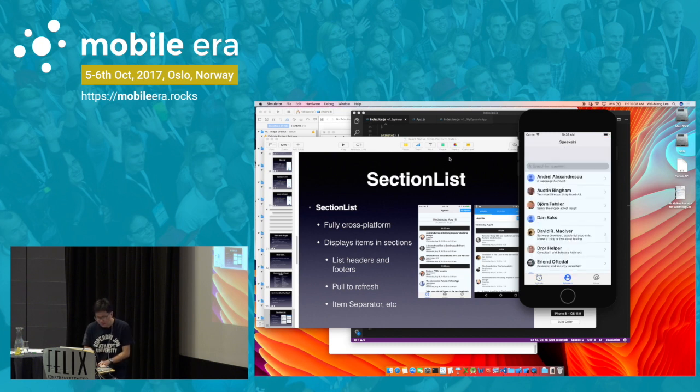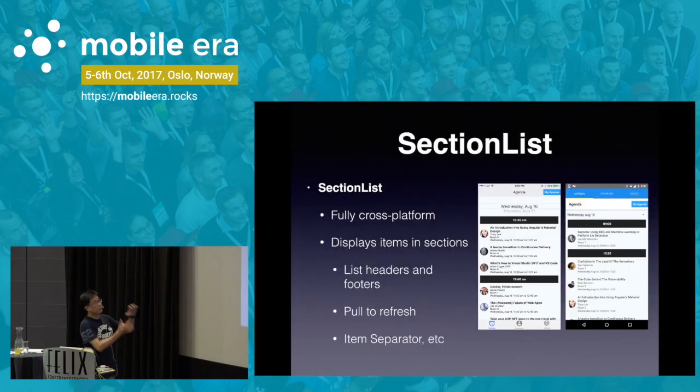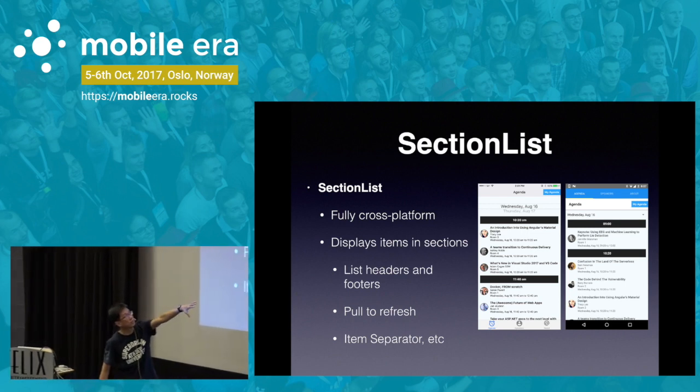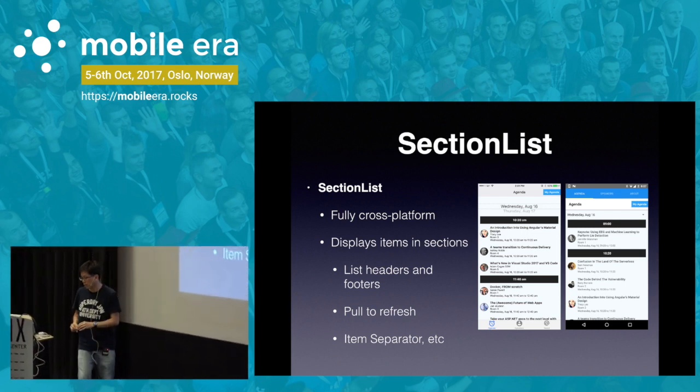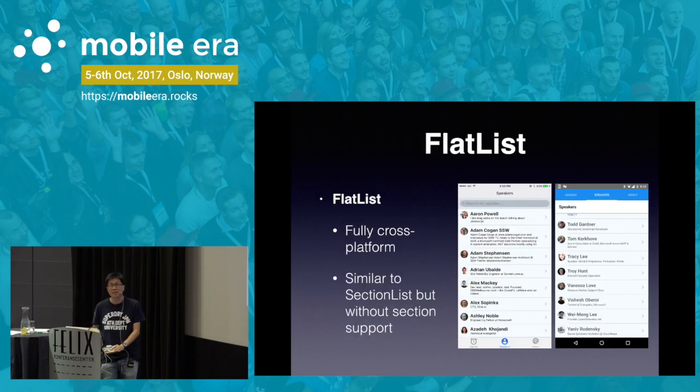Now, this is a section list. Section list basically allows you to display your list of items and group them in sections. And this is how it looks on the iPhone, and this is how it looks on Android. And if you need something simpler, where you simply want to display a list of items, you can use what we call a flat list.